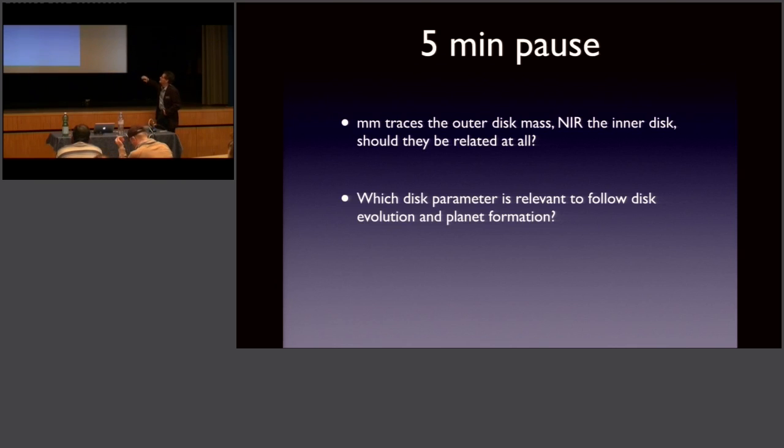Should they be related? The standard theory relates them because they are connected. Once you form the disk, the viscosity is basically spreading the disk and it is accreting. The disk is slowly going down. So the two should be related.